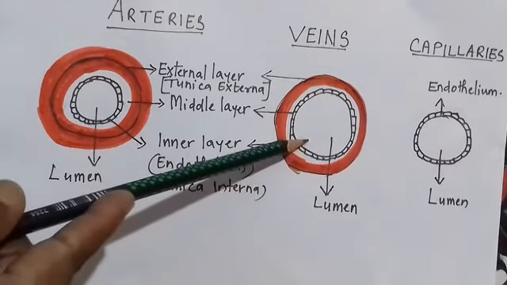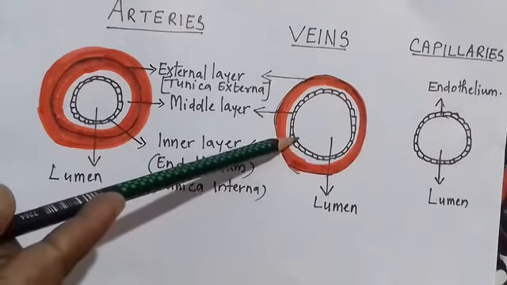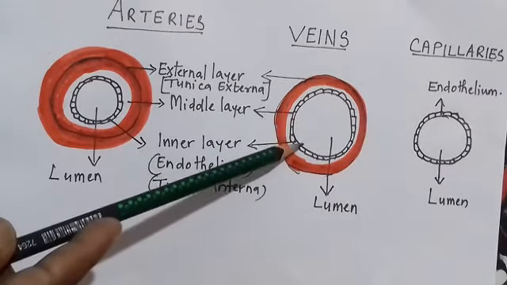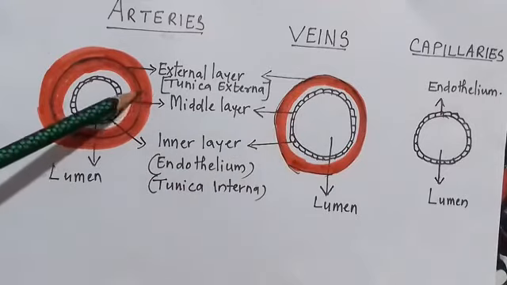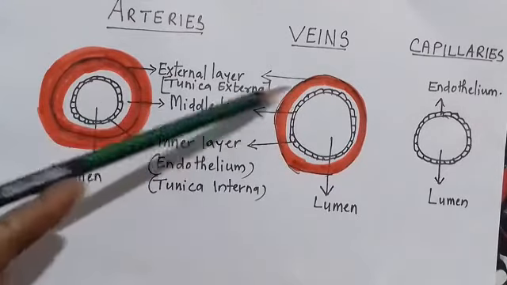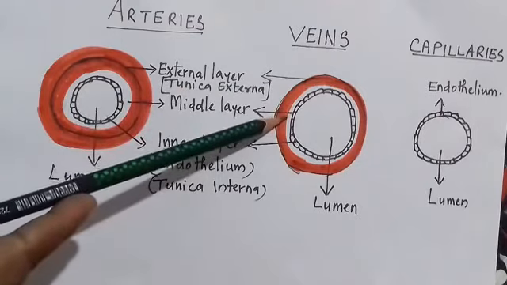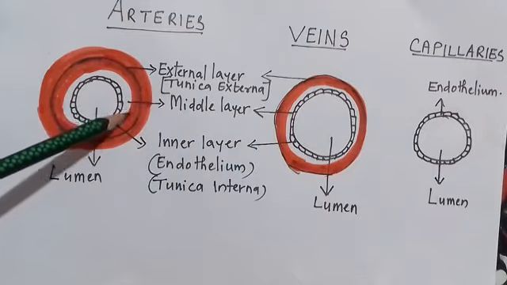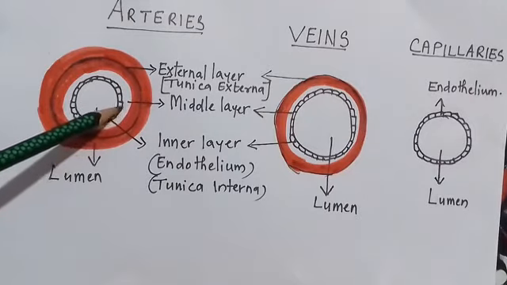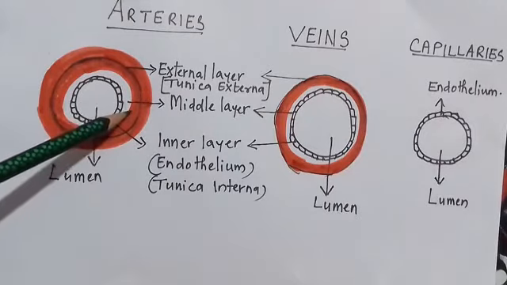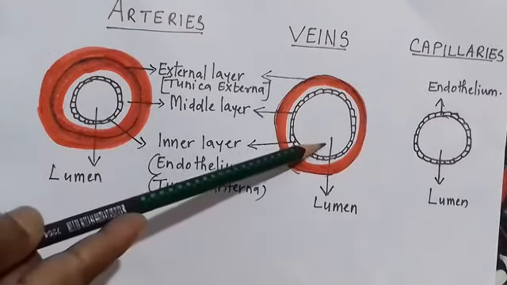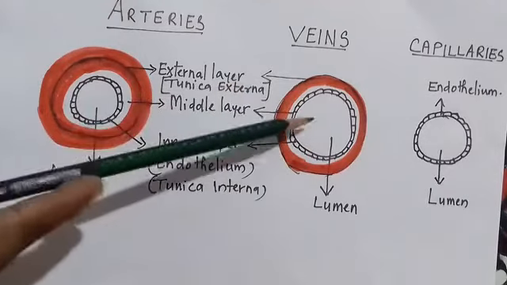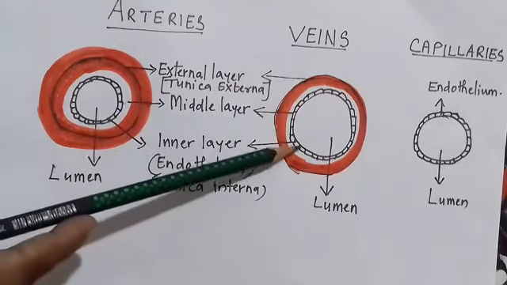It is superficially located, and the blood flowing through there is very uniform and with very little pressure. The muscular wall is thick in arteries and thin in veins; the muscular wall is elastic in arteries and inelastic in veins. Because of this nature, arteries do not collapse when empty, whereas veins can collapse when empty. So these are all the structural differences as well as functional differences.